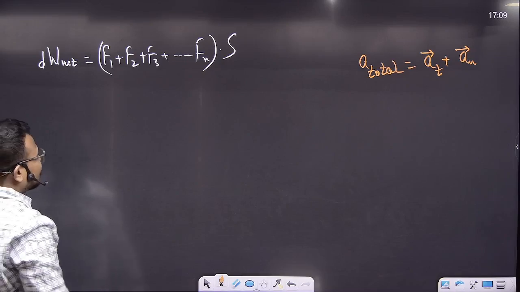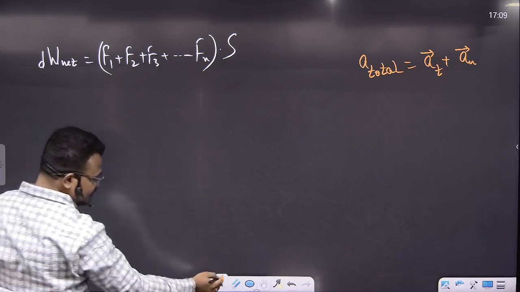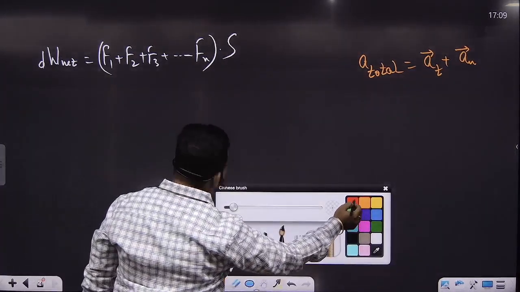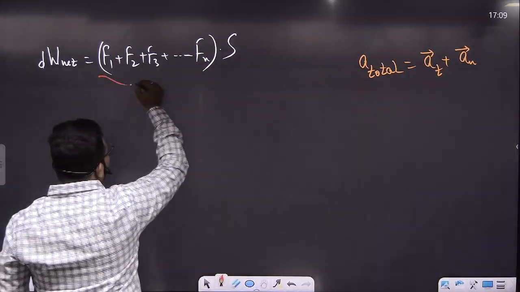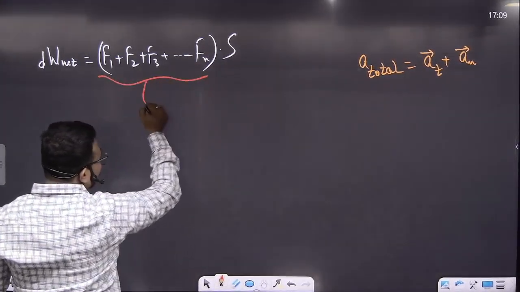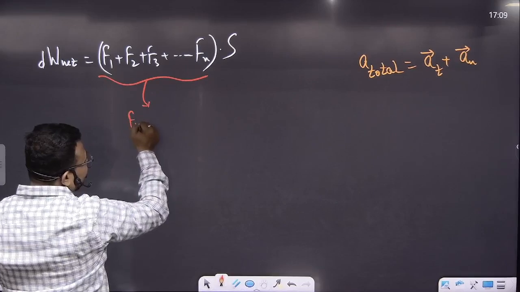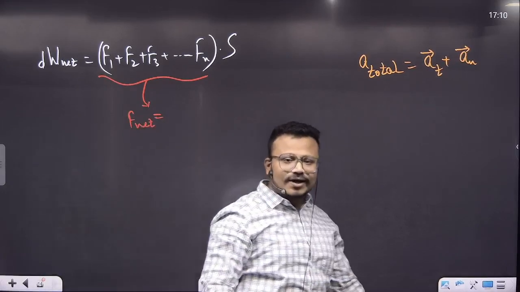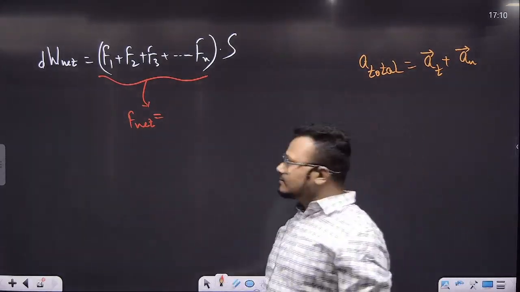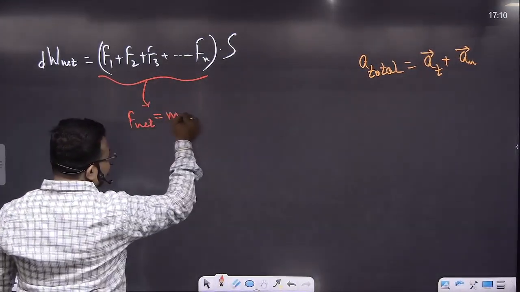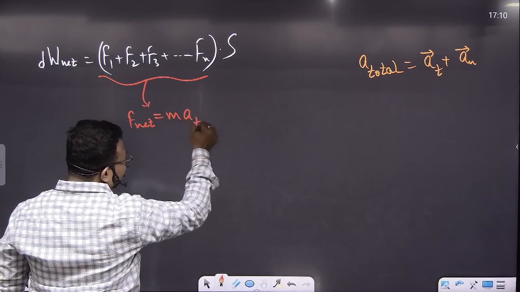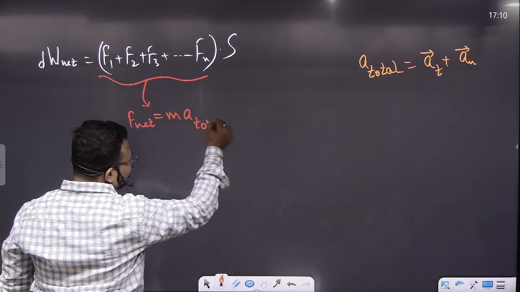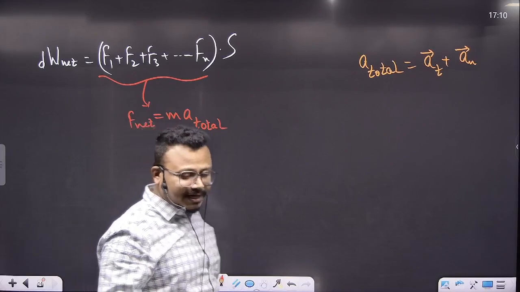Here this is talking about F net. F net equals M into A total. F equals M into A total we are writing.